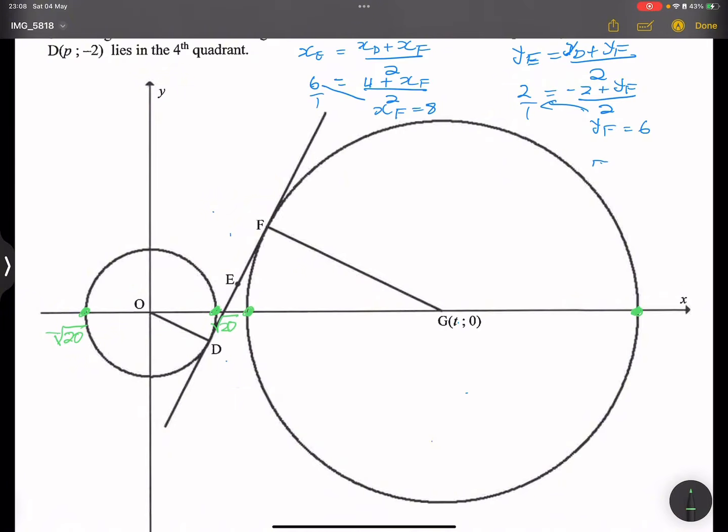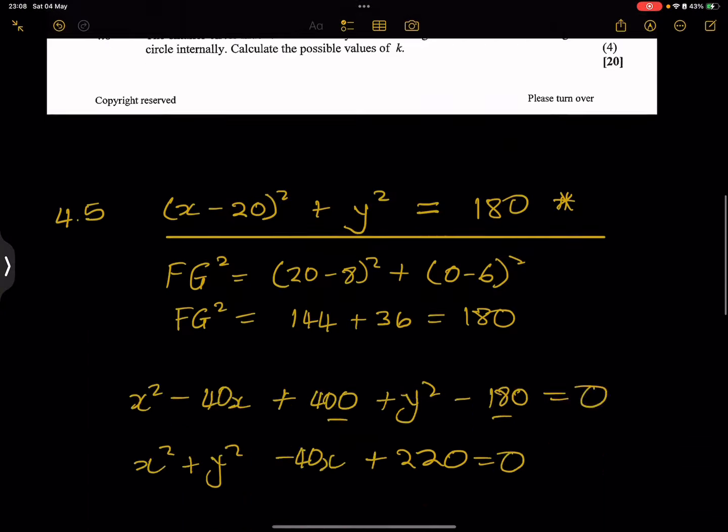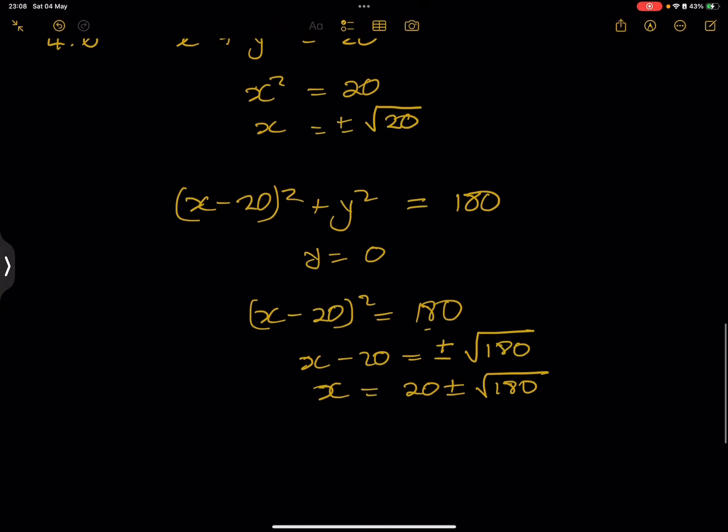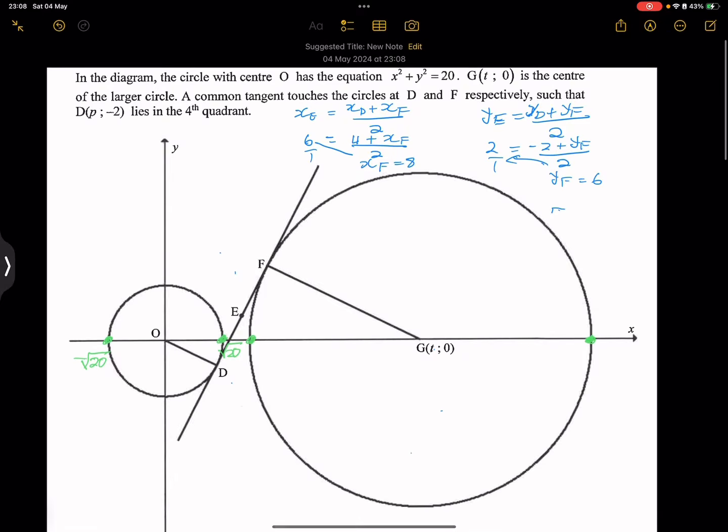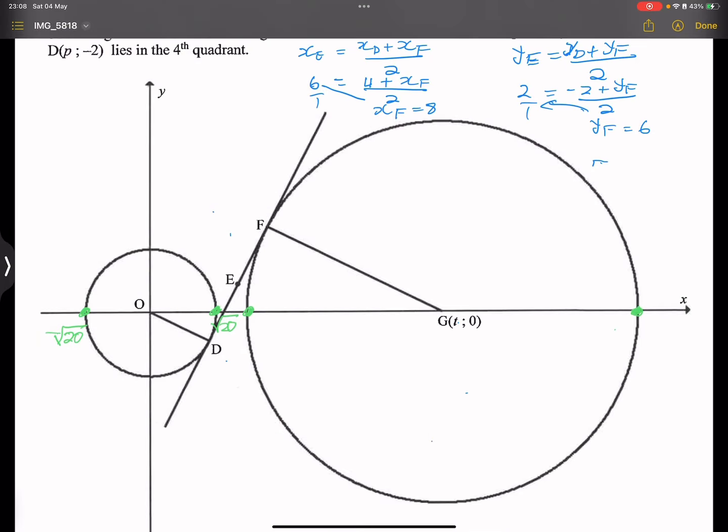The bigger value would be 20 plus root 180, and this would be 20 minus the square root of 180. So those are the x-intercepts, right?